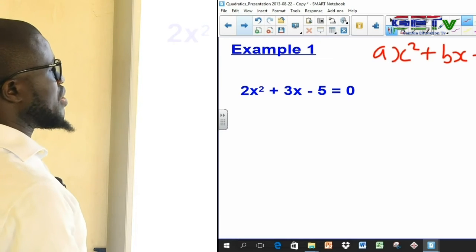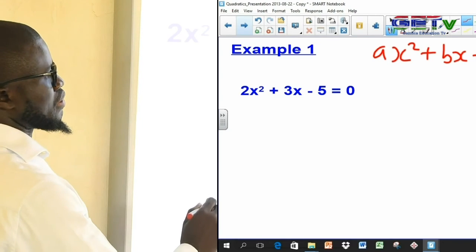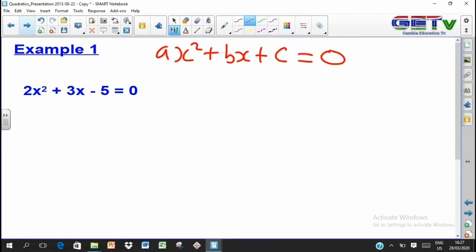Who can give us the value of a? In the equation, the value of a here is going to be 2. So we write a equals 2. Who can give the value of b? b equals 3.